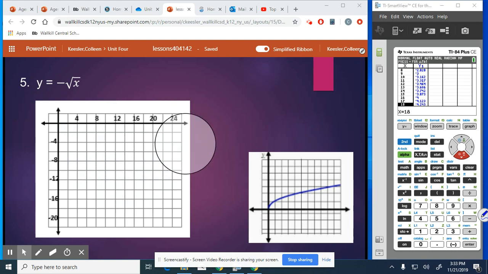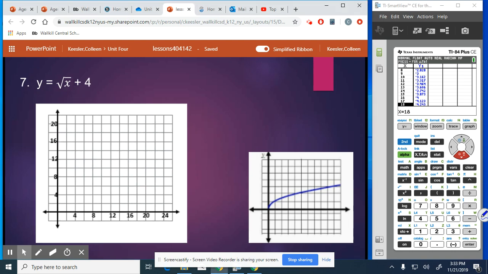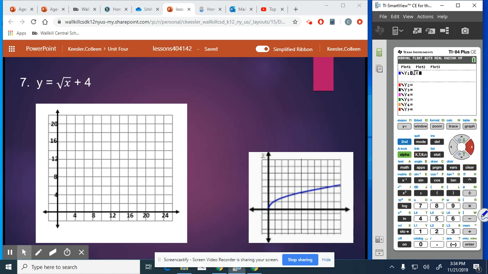All right, let's continue. Number 7, now we have square root of x plus 4. We go back to y equals, clear what's there. Second square root x, and outside of the square root, we want plus 4. So you would close your parentheses if you needed parentheses there. Then pull up your table. And we start at 0 again, but we start at 0, 4.